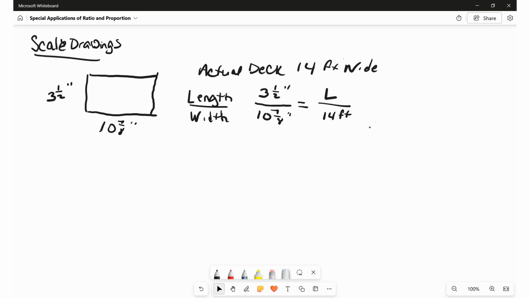So we're going to do 14 times 3.5. And that gives us that 10 and 7/8 times the length is going to be equal to 49. So we can take our calculators and divide both sides by 10 and 7/8.